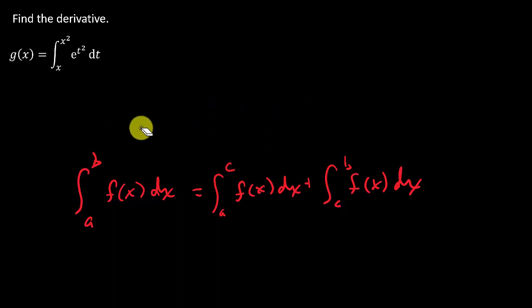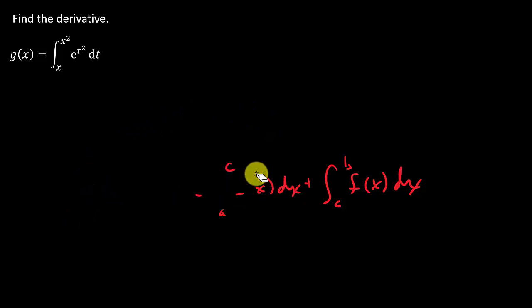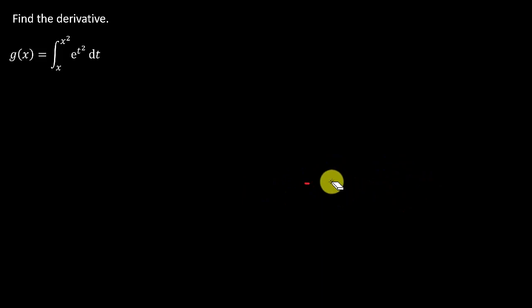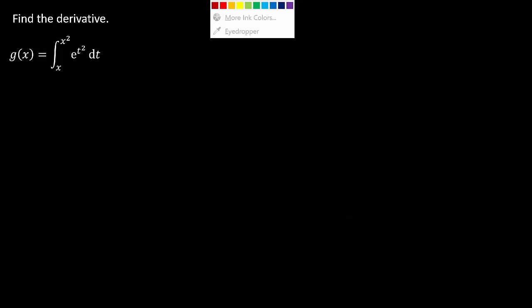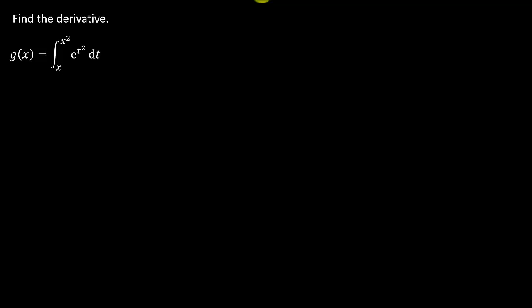All right, so to split it up, I am going to write this as g of x equals, I'm going to go from x to 0.